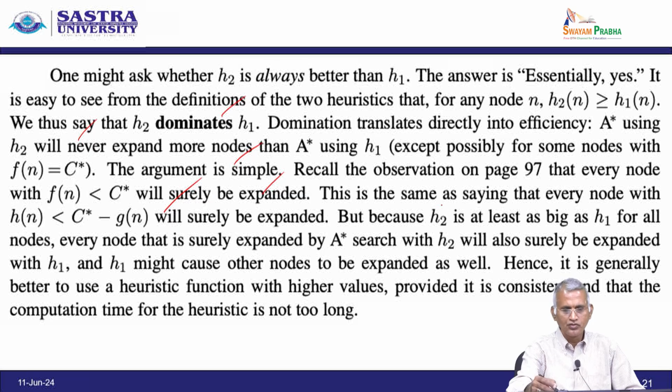Because H2 is at least as big as H1 for all nodes, every node that is surely expanded by A star search with H2 will also surely be expanded with H1, and H1 might cause other nodes to be expanded as well. Hence, it is generally better to use a heuristic function with higher values, provided it is consistent and that the computation time for the heuristic is not too long.